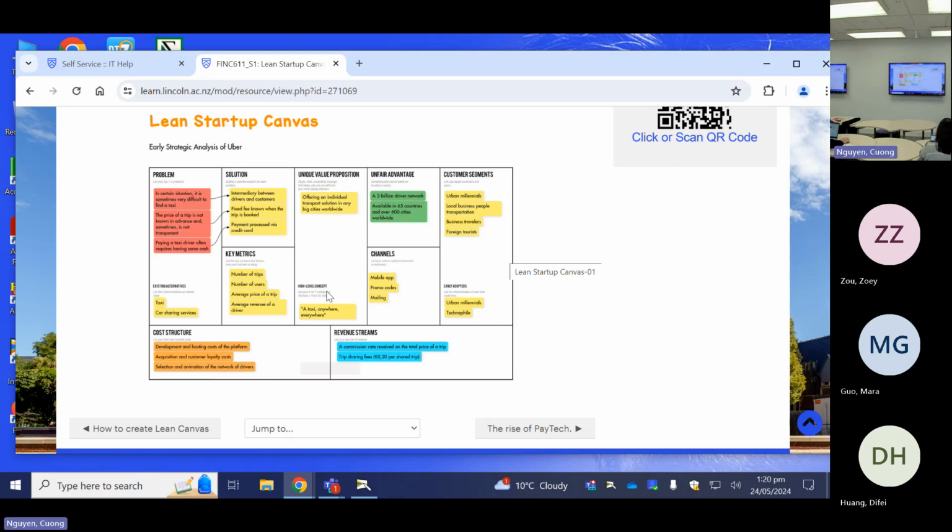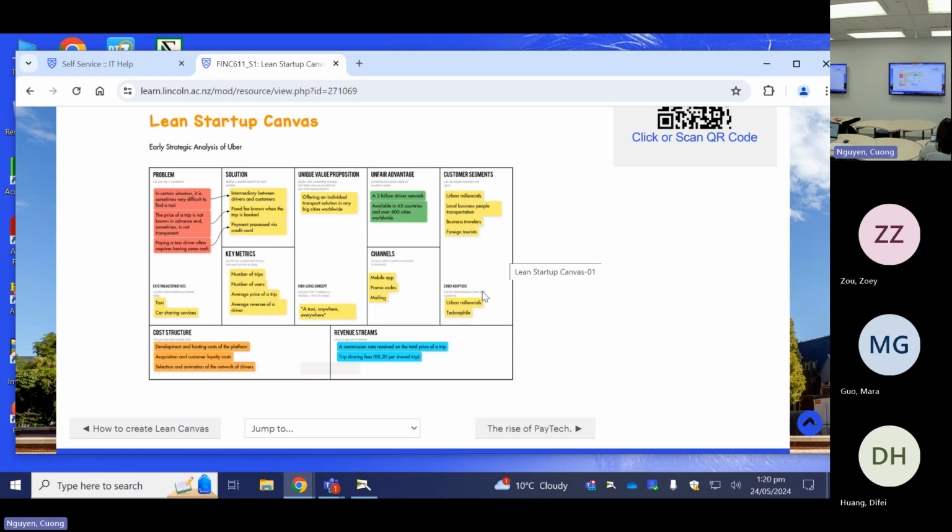So problem, solution, unique value proposition, unfair advantage, and high level concept are the most important parts of the lean startup canvas. And then we have customer segments. You can figure out what kind of customer segments will use your product.